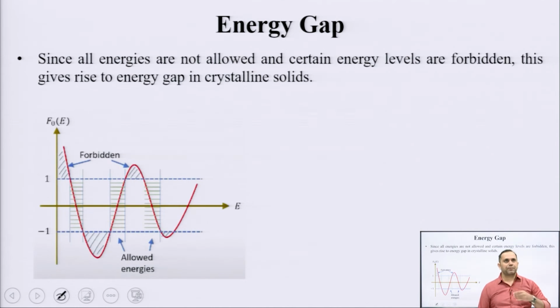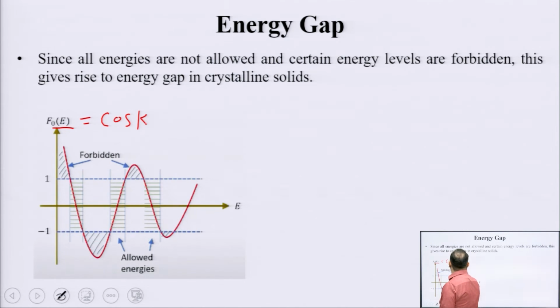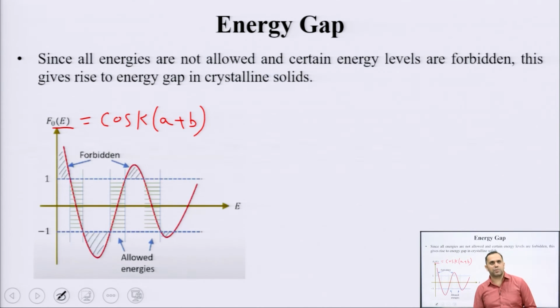Since all energies are not allowed and certain energy levels are said to be forbidden, this gives rise to what is known as energy gap in crystalline solids. So, this is how this function f of E, which is equal to cosine of k times a plus b, where a plus b is nothing but the lattice constant, k is the wave number 2 pi by lambda.